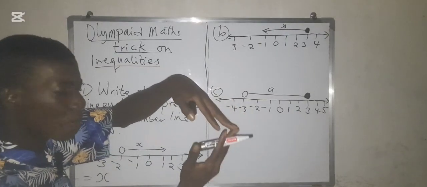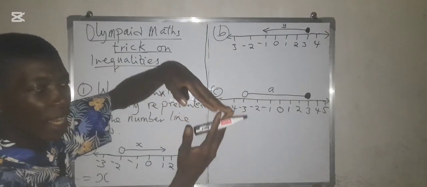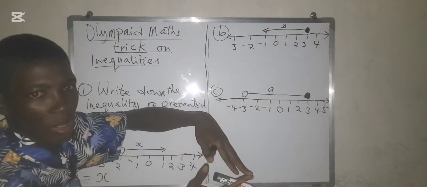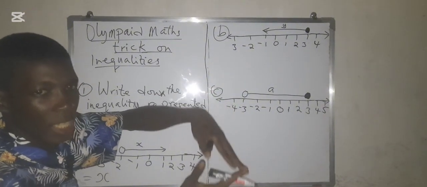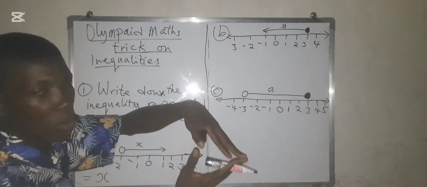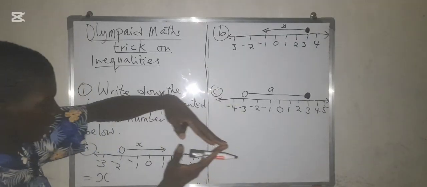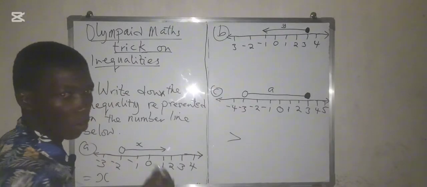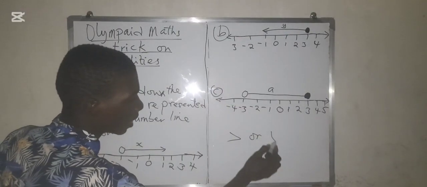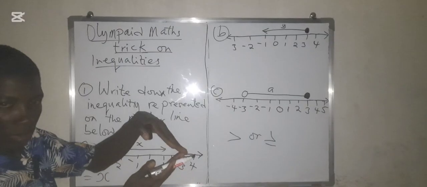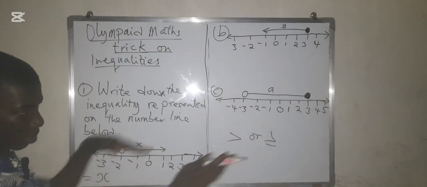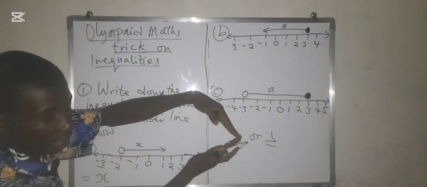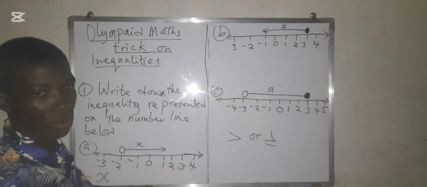It is either going to be greater than or equal to, or a mere greater than, because the arrow is pointing this way. So the inequality symbol can be either greater than or equal to, or greater than.